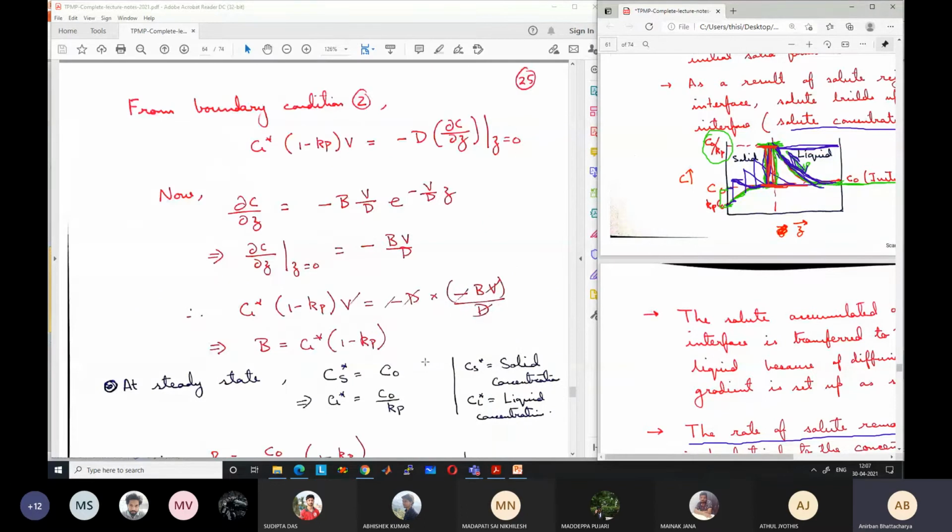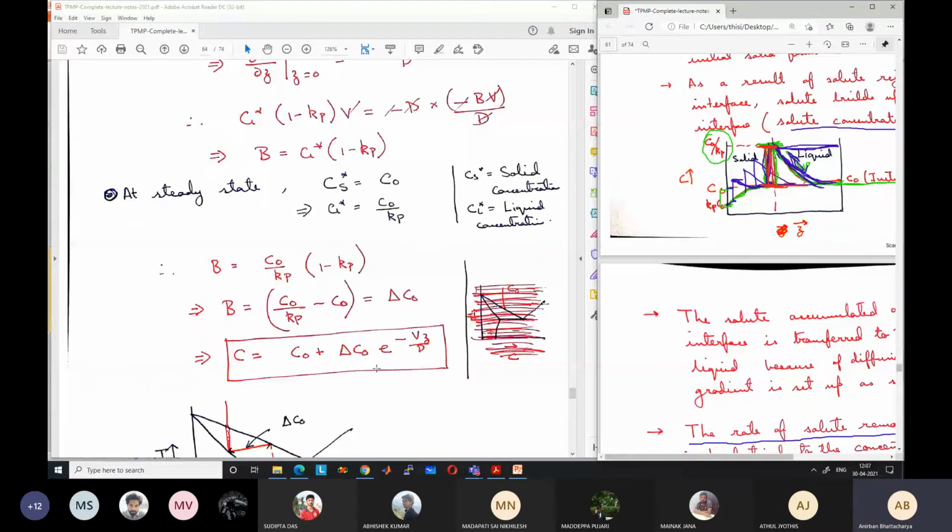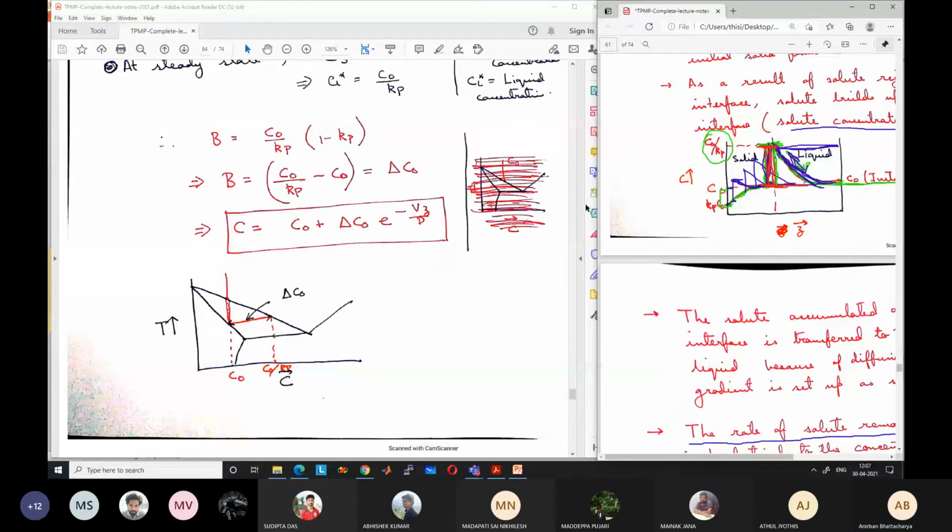Okay. So you can see that if I put Z equal to 0, what is the concentration? This term goes to 1. So it is C0 plus delta C0. So C0 is up to this point plus delta C0, this line. So the concentration is C0 plus delta C0, this amount. Okay. And if Z is infinity, the entire term goes to 0.